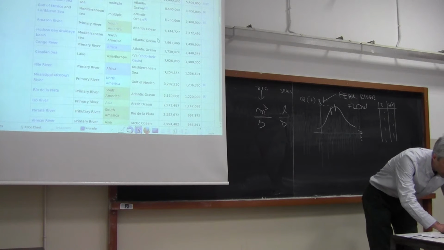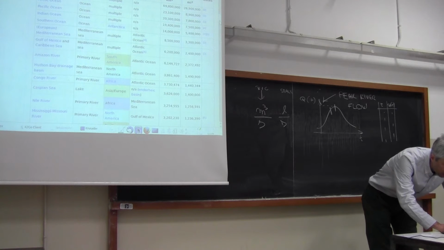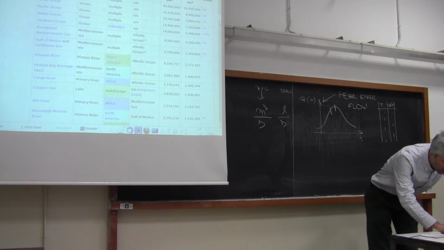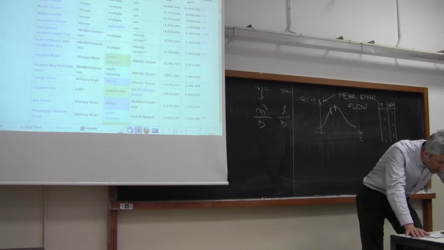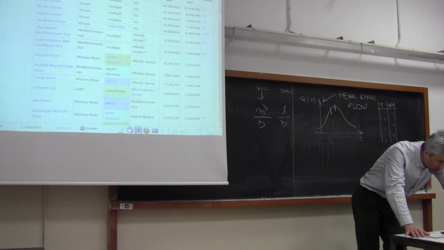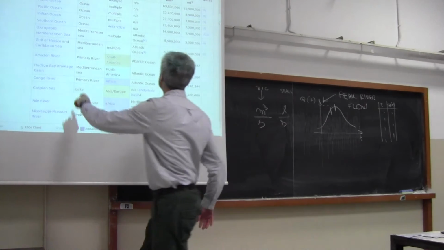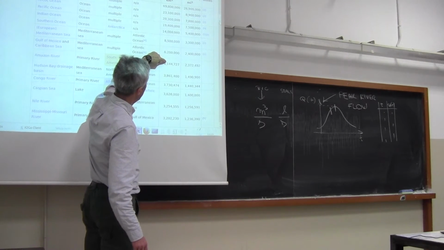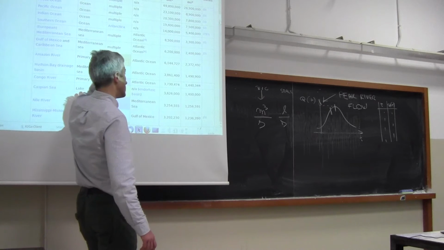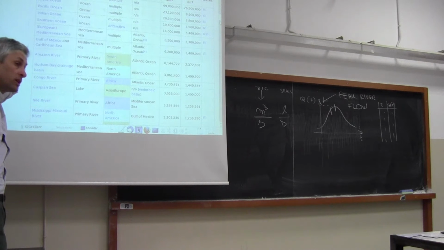It is the largest river, and you see the basin area in square kilometers of the Amazon River is 6 million square kilometers. Further down, there is about 144,000 square kilometers.